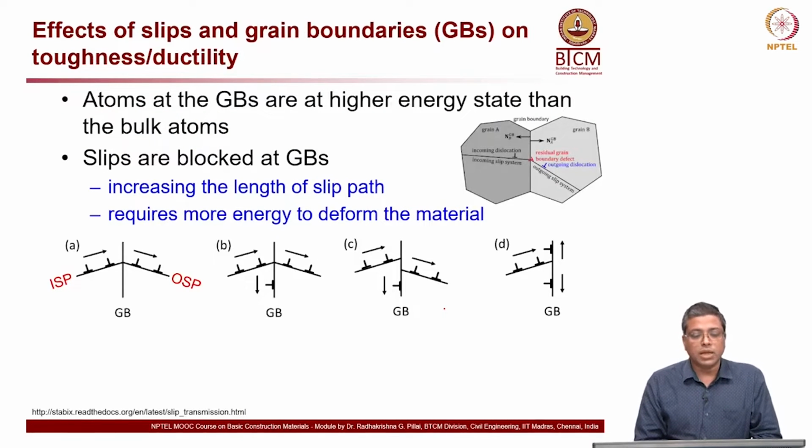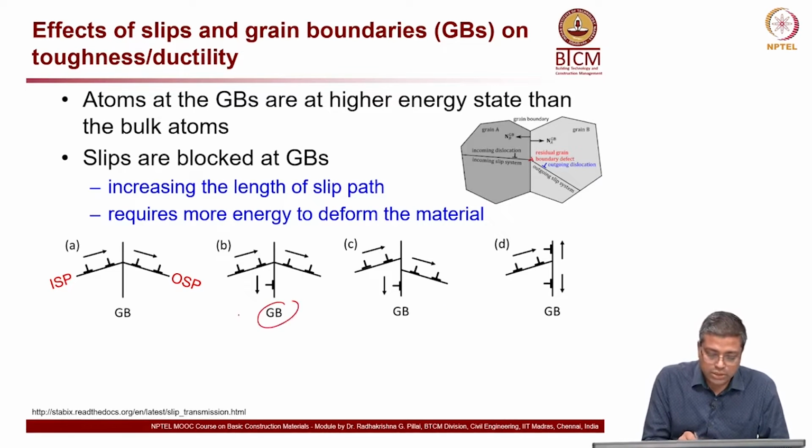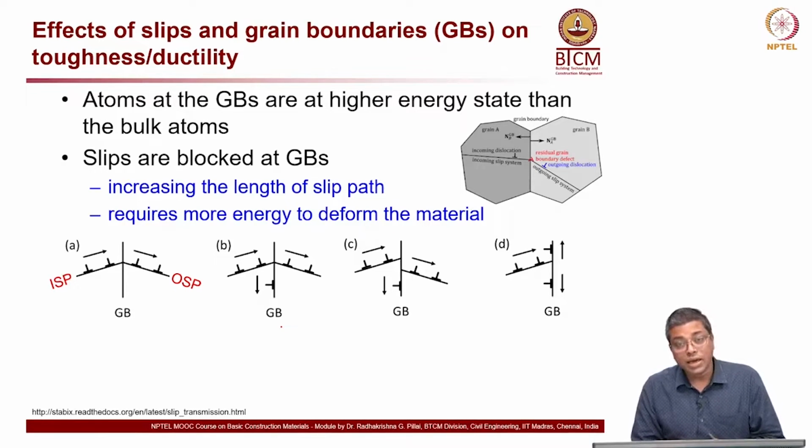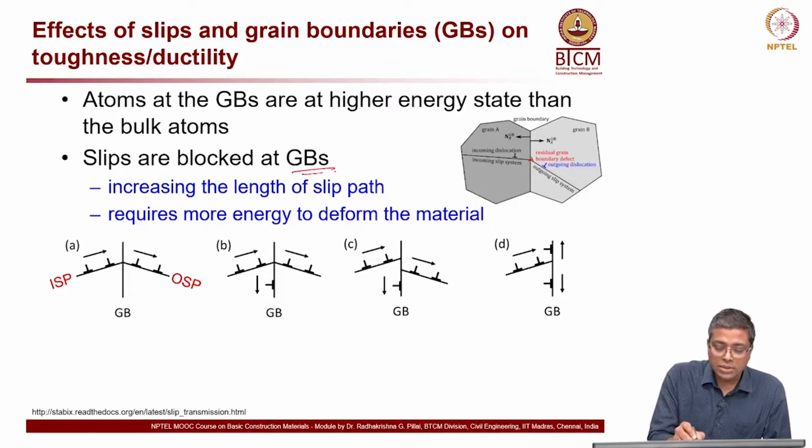Now, effects of slips and grain boundaries, or GB as I am going to call it here, on toughness and ductility. Atoms at the grain boundaries are at a higher energy state than an atom within the grain. Now, slips are blocked at grain boundaries.